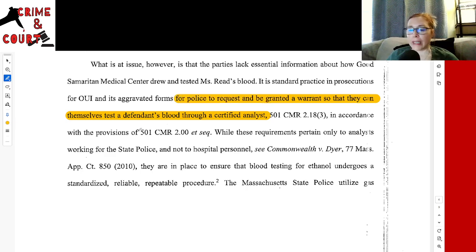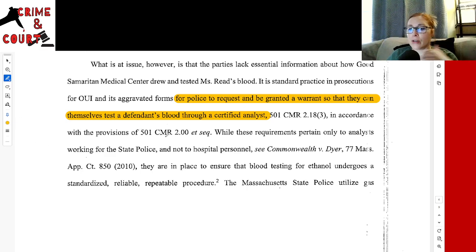So, again, Good Samaritan Medical Center did the blood draw and did the testing in their own lab. What they're saying here, though, is it is standard practice in prosecutions for OUI and its aggravated forms for police to request and be granted a warrant, which they never did, so that they can bring on their own certified analyst who can do the blood draw themselves.